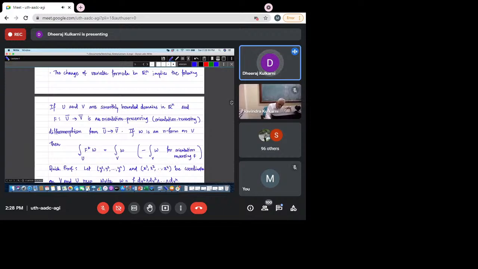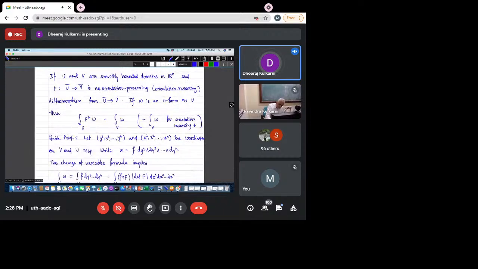Okay, so let us quickly see why this is true. Let us assume that y1, y2, ..., yn are coordinates on the domain V, and x1, x2, ..., xn are coordinates on U. We will write this omega as a smooth function times the volume form given by this coordinate system, which is dy1 ∧ dy2 ∧ ... ∧ dyn.